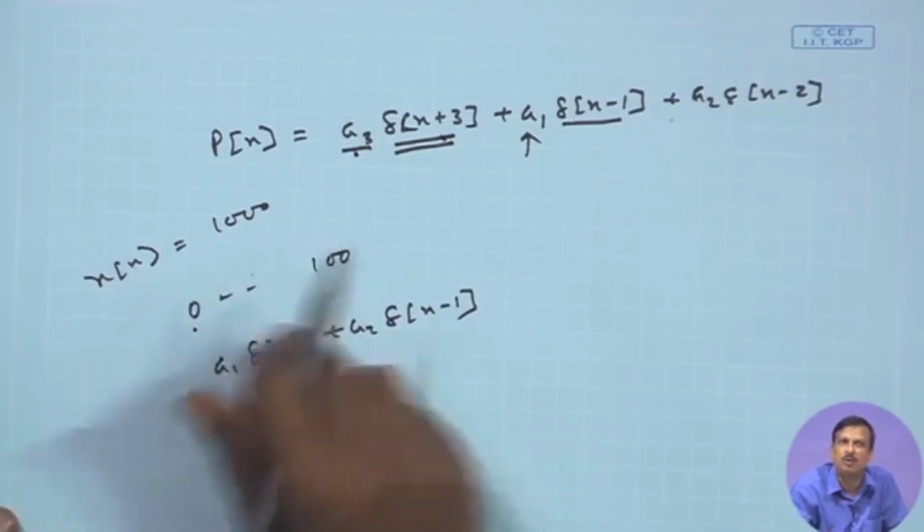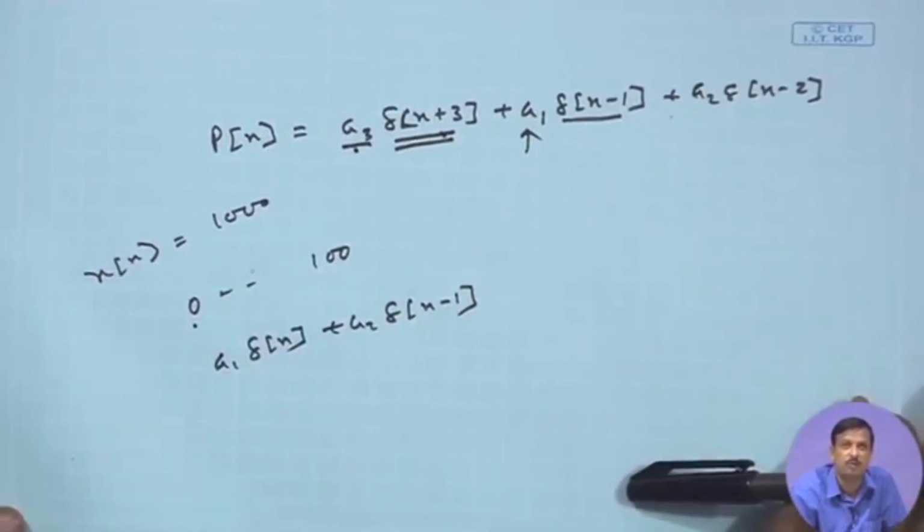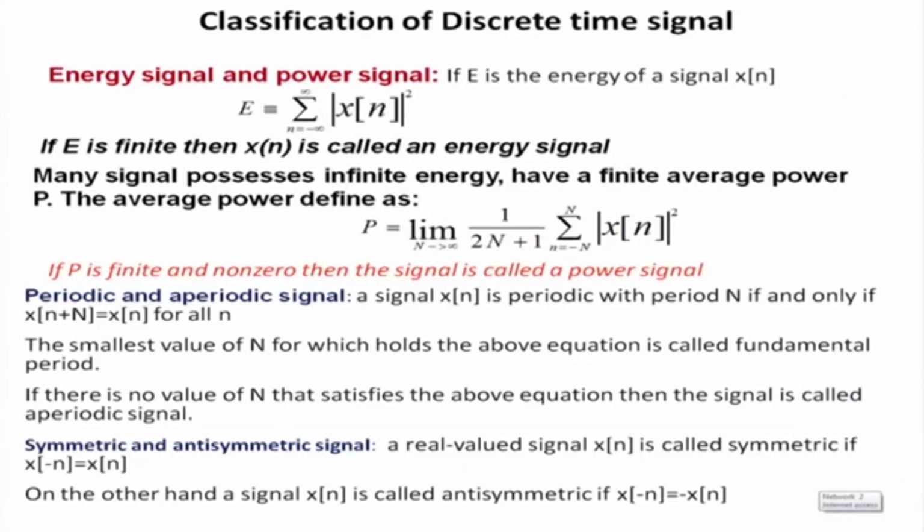That will be used at different times when you process the digital signal. Now, next concept is classification of signals, different types of signals: energy signal, power signal. I am not describing them, you know that if energy is finite then it is called energy signal, if power is finite then it is called power signal.